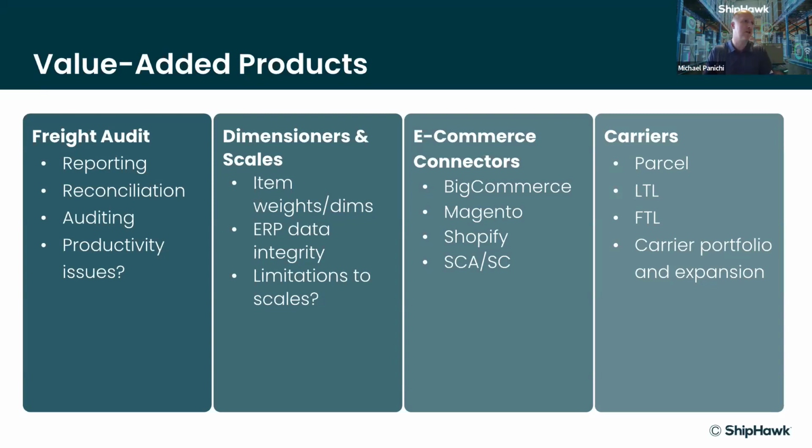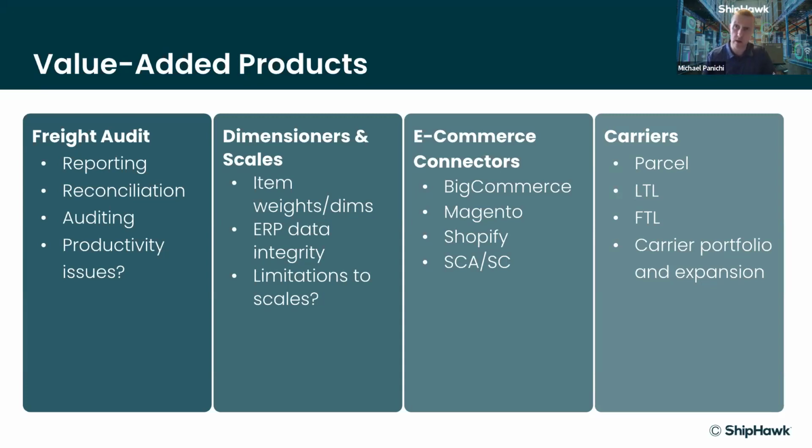Other things to consider is, does that TMS not only have auditing, but what's the integration to, let's say, scales or dimensioners? What if an organization has thousands of catalog items and SKUs? They don't have the weights and dimensions, or maybe they only have the weights, or maybe only half of their items have weights and dimensions.